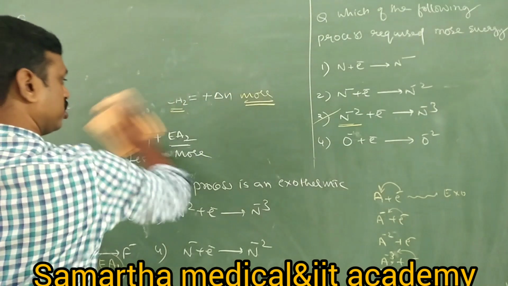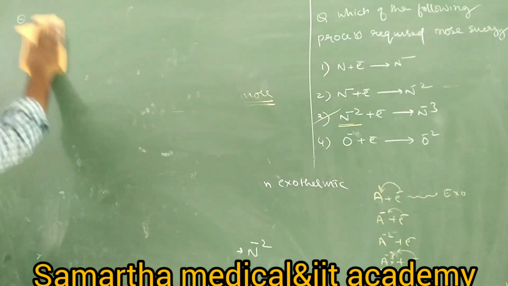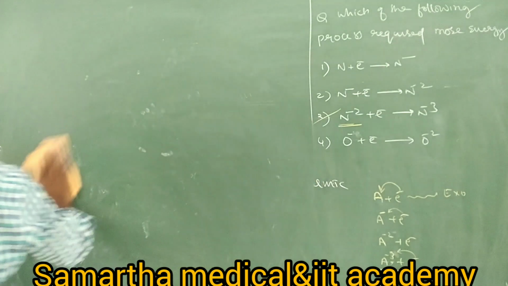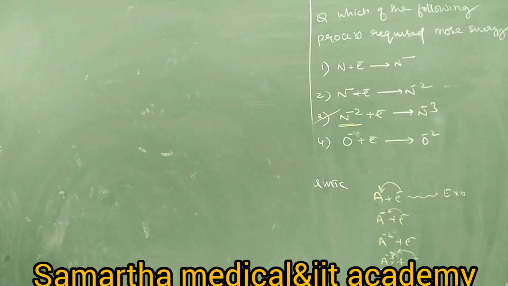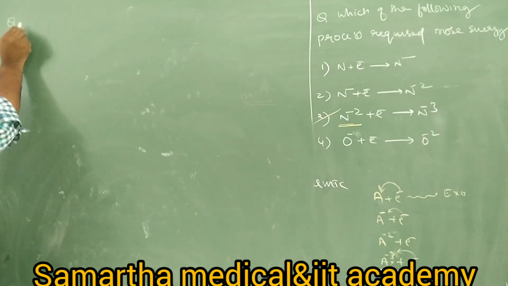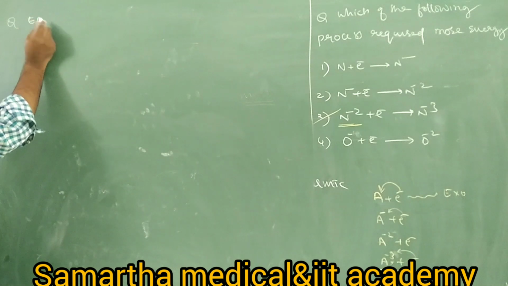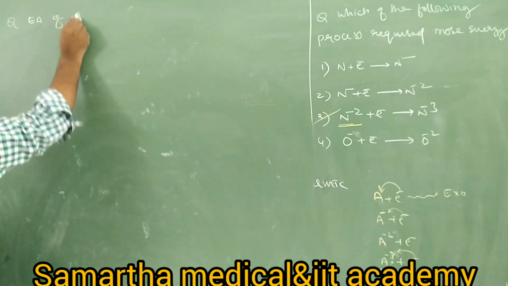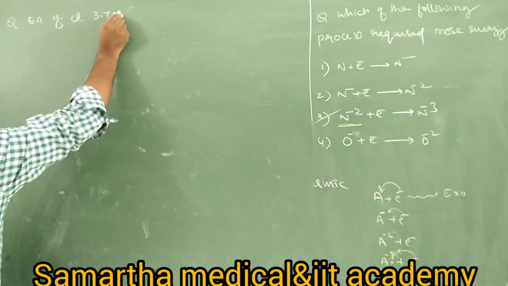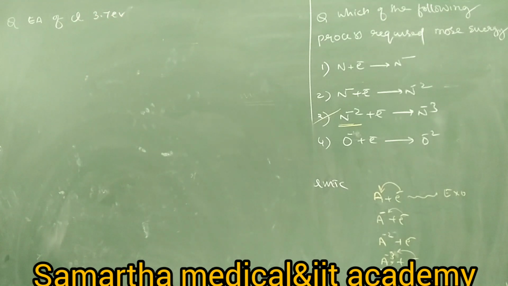Next, this is one question. Another question is: the electron affinity of chlorine is 3.7 electron volt. How much energy in kilocalories is required?